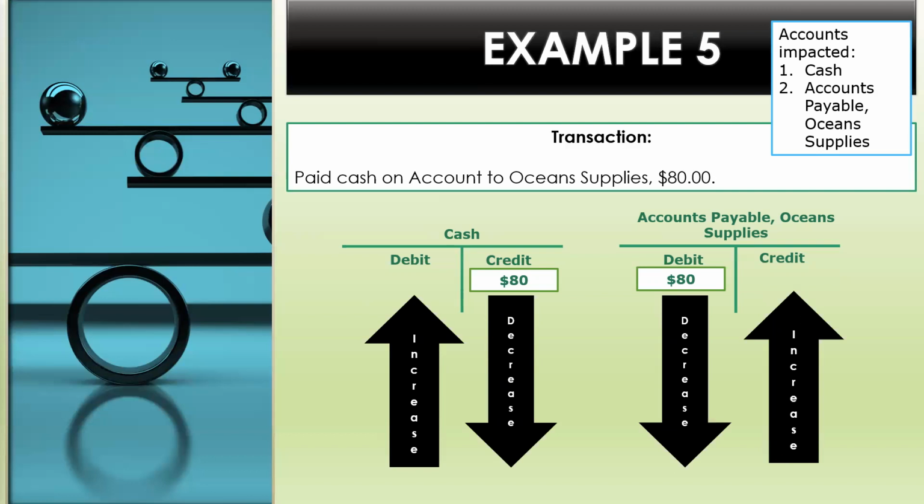And the accounts payable account is decreasing by $80. You can see here in this transaction, we have both a debit and a credit, and each of the accounts are impacted by $80 each. Cash is decreased with a credit. Accounts payable is decreased with the debit.